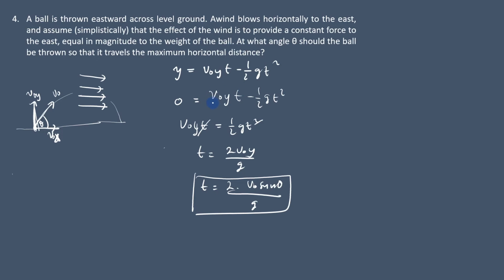This is the analysis of the vertical motion. And we can get the horizontal distance x equals v0x times t plus 1/2 g t squared. Here g is the acceleration that comes from the wind blowing, so don't be confused.